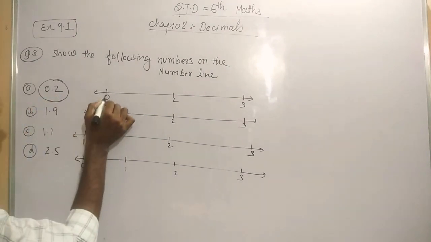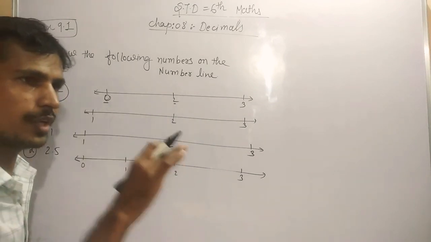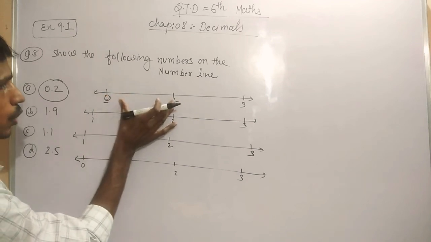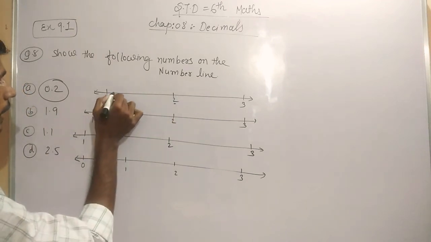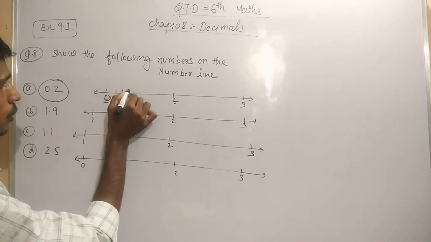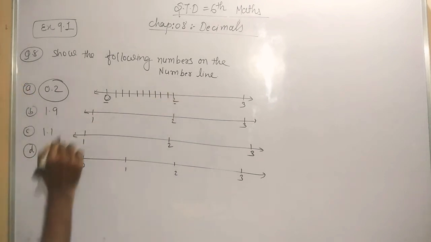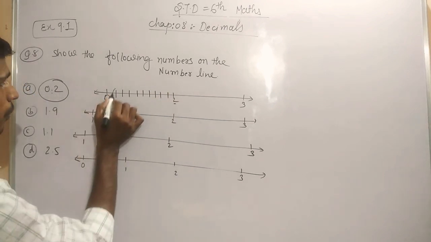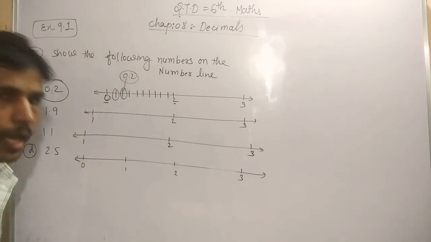We know that between two numbers the line is divided into 10 segments. 1, 2, 3, 4, 5, 6, 7, 8, 9, 10. 0.1, 0.2. So here 0.2 will lie.